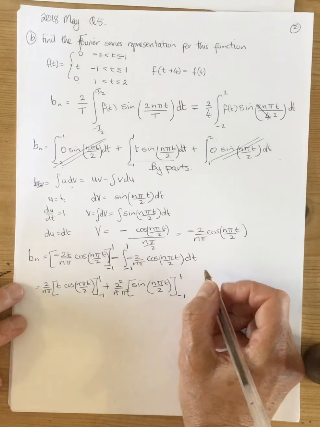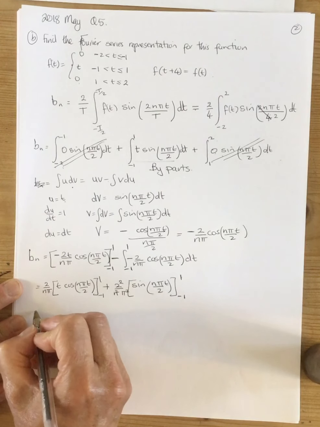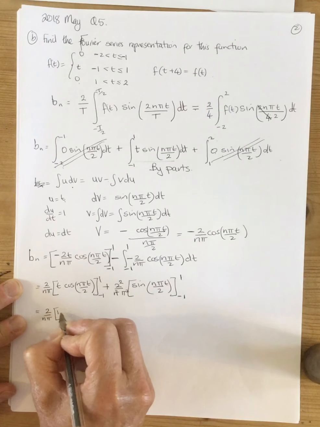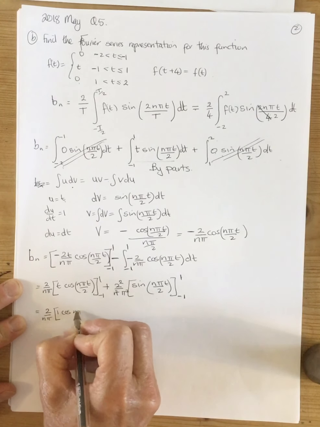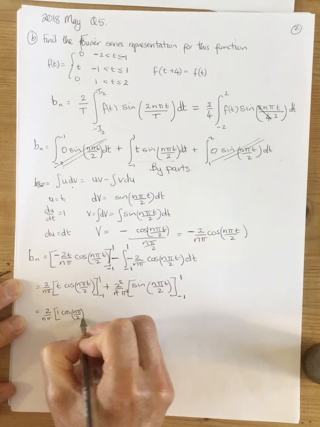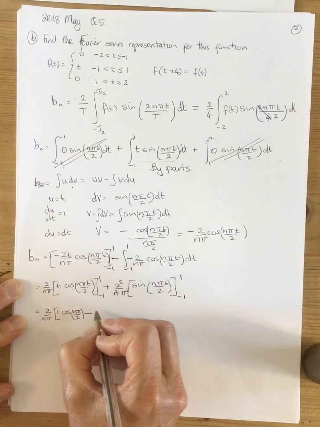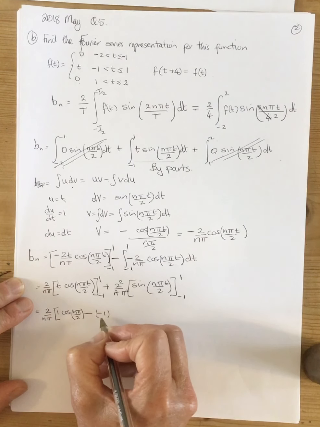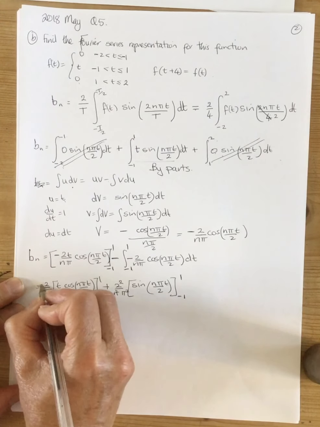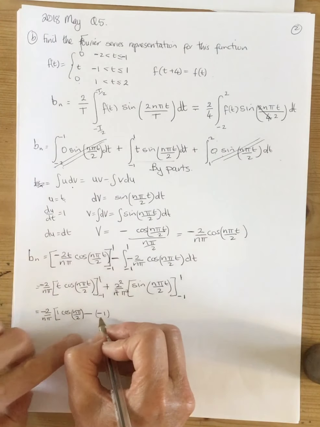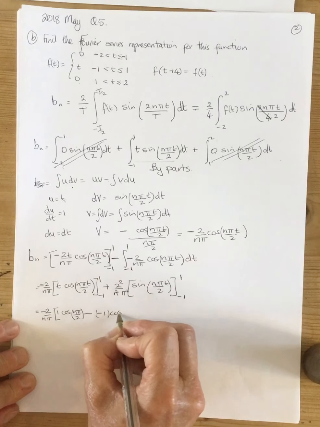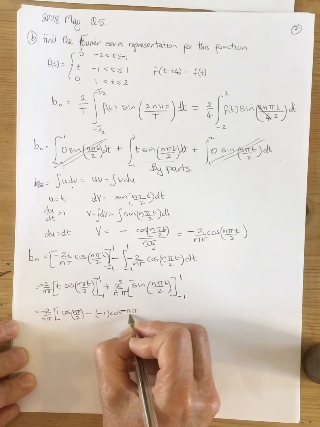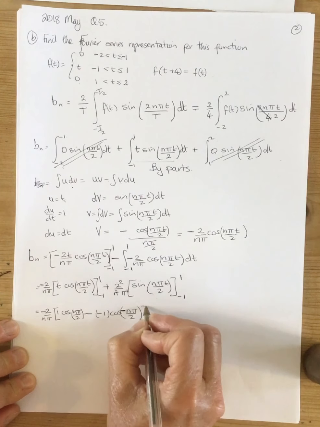So if I put 1 in for t now, I will have 2 over n pi on 1 cosine n pi over 2 minus, because I'm subtracting the limits, and then I put in minus 1 for the t. I forgot the minus there, that minus there. Minus 1, and then cosine n pi, well, if t is minus 1, that's going to be a minus n pi over 2.